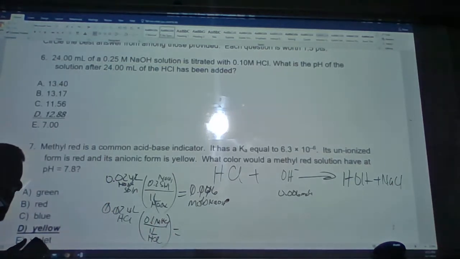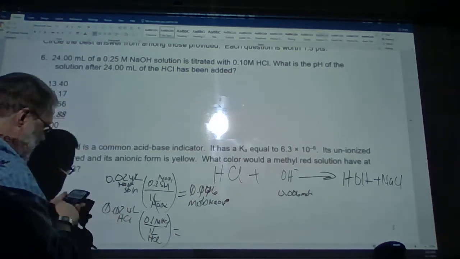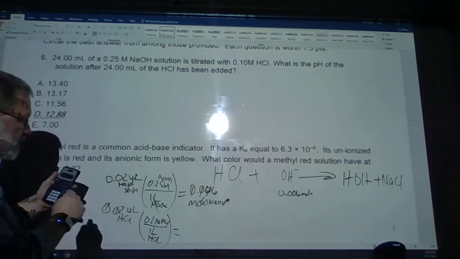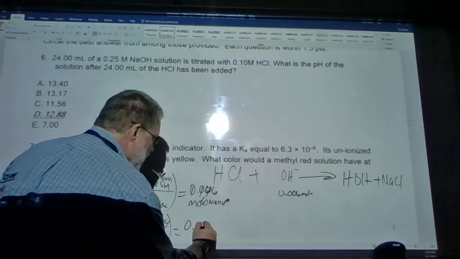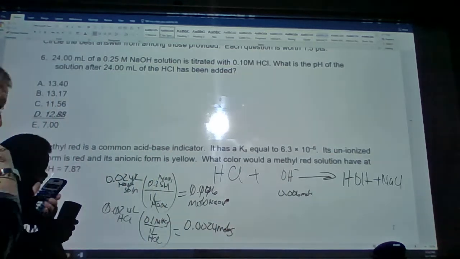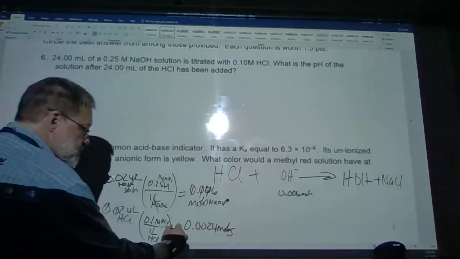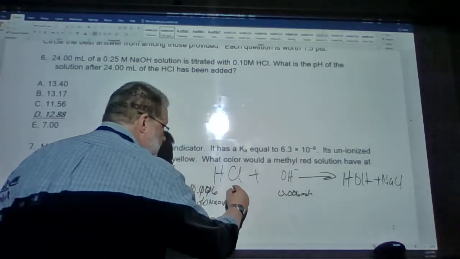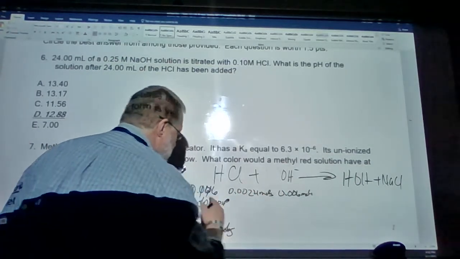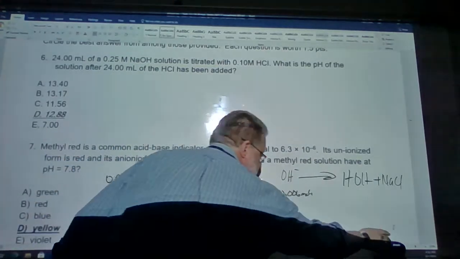So this is 0.024 times 0.1. This is 0.0024 moles HCl.